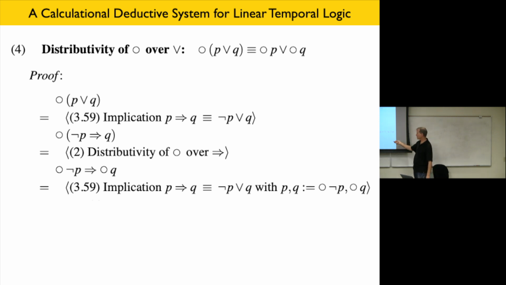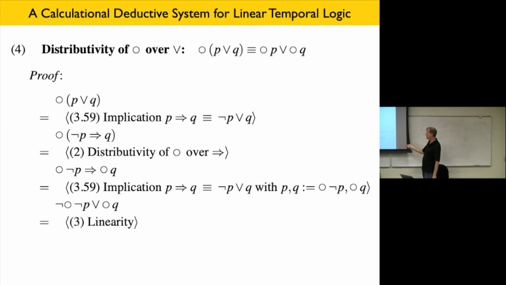See, P implies Q is not P or Q. So it's not this or, so what would that be? Not next, not P. Good, there you have it. So it's not next, not P, or next Q.